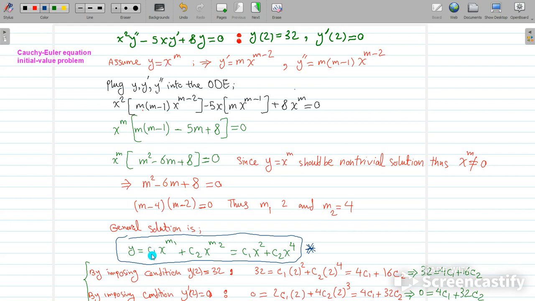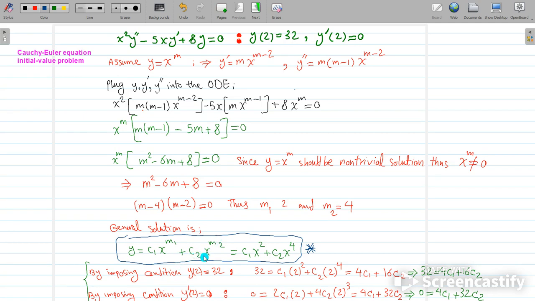So we can say that if x to the m1 is a solution and x to the m2 is another solution, then the multiplication of that solution times a constant c1 is again a solution of that ordinary differential equation.